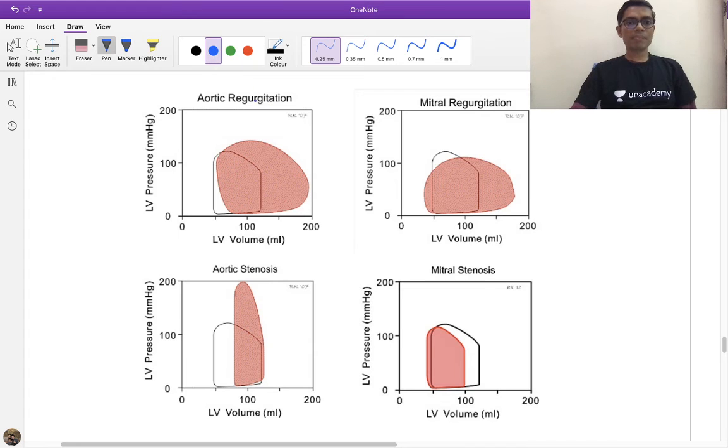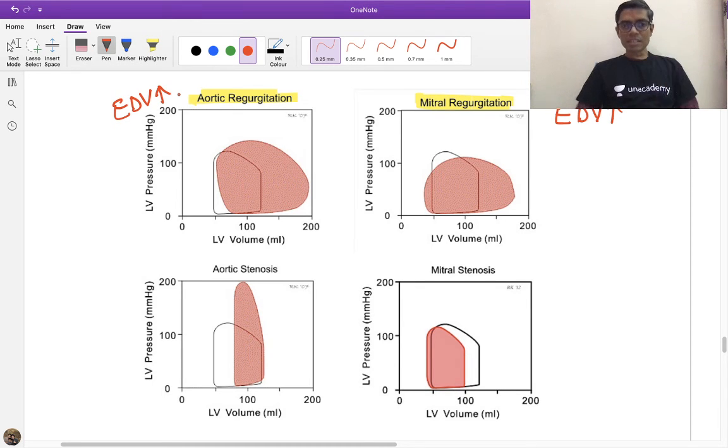First of all, look at these two things, aortic regurgitation and mitral regurgitation. Whenever there is regurgitation, whether mitral or aortic, we all know EDV will be more.